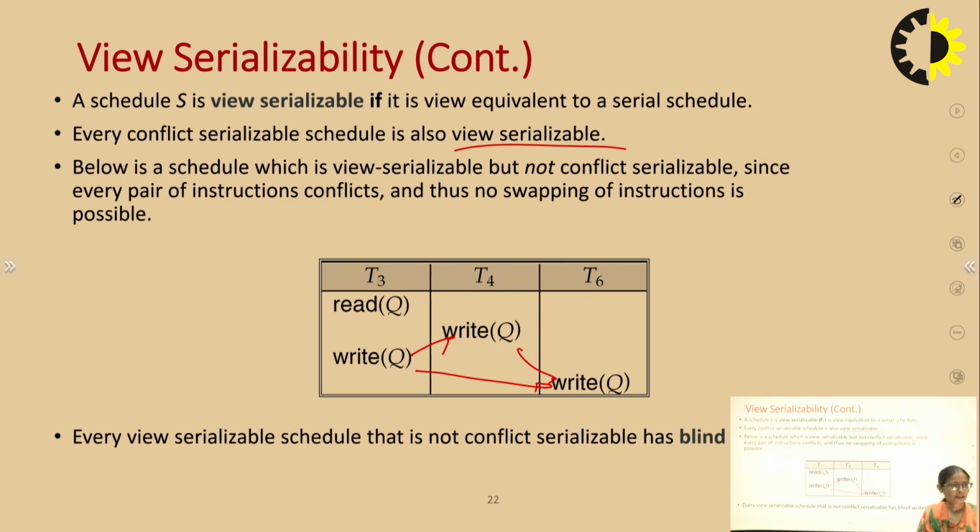So we could say every view serializable schedule that is not conflict serializable has blind writes. That is a judgment you can make once you see a schedule. On the basis of this, you can decide whether a view serializable schedule is a conflict serializable schedule or not.